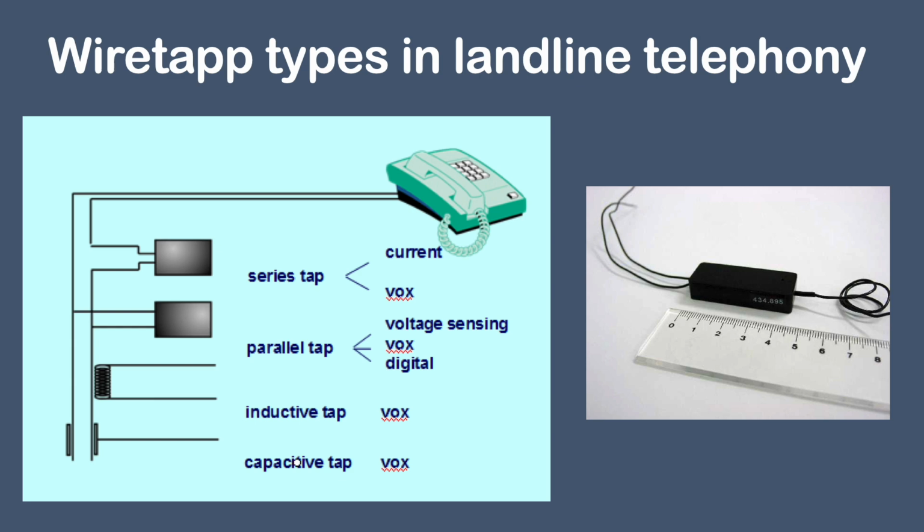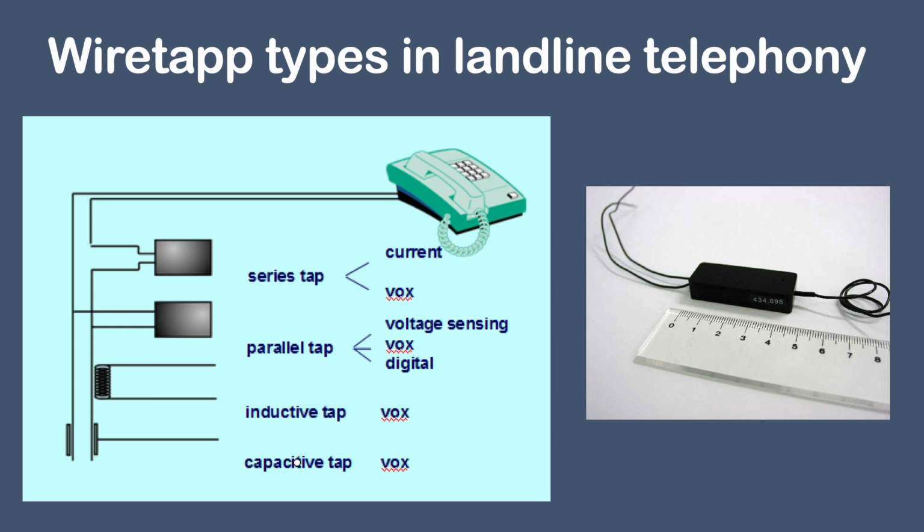The inductive tap takes advantage of the fact that an electric current passing through a conductor generates a magnetic field. Changes in the magnetic field under the right conditions can induce, and from here is the name inductive, current flow in another nearby conductor.